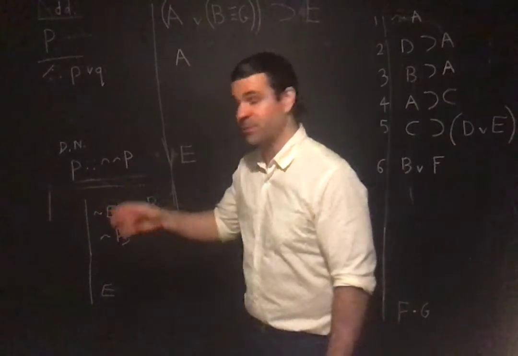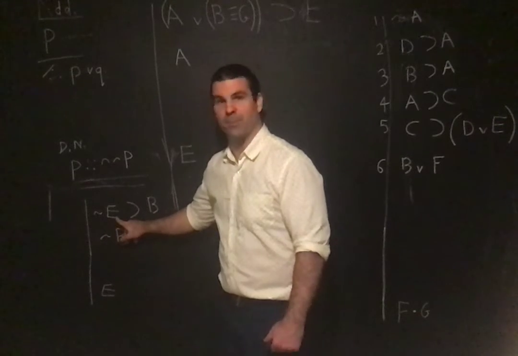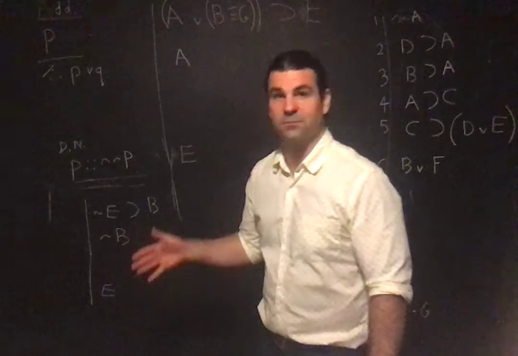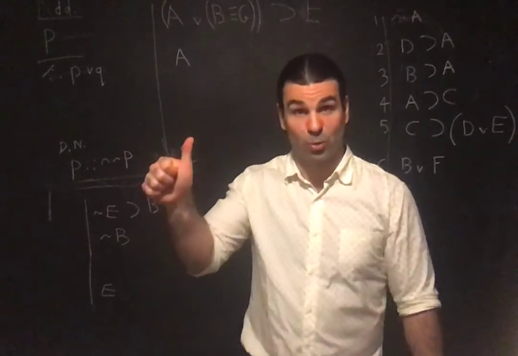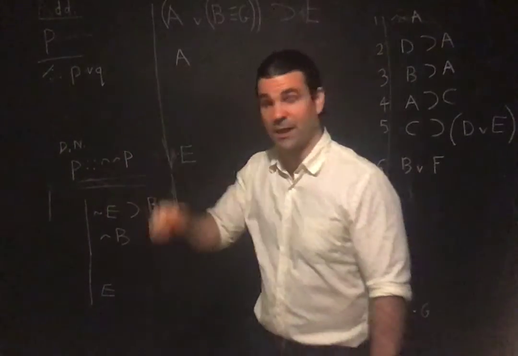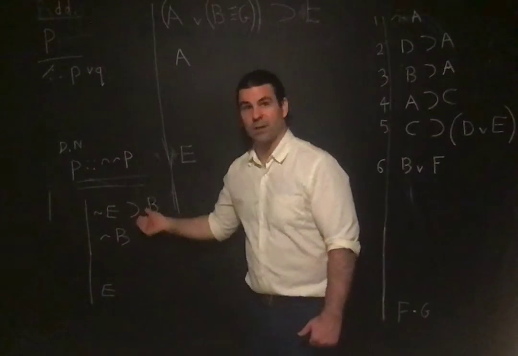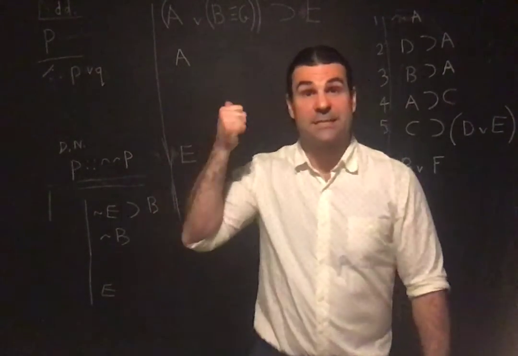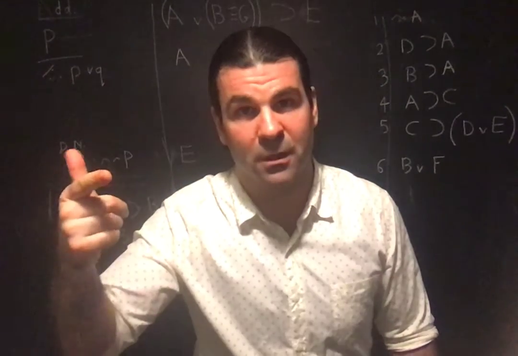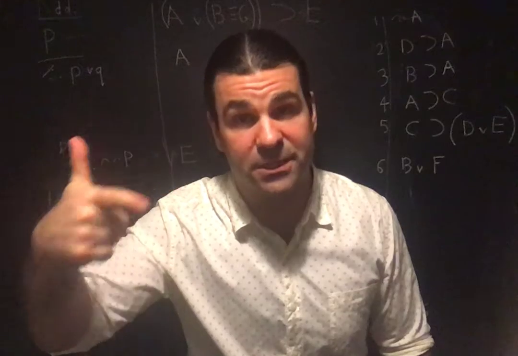Modus tollens allows me to bust off, separate out, the antecedents of conditionals. So that's the first of the two questions: what rule do I need to apply to get to this? It's going to be modus tollens. Second question, what formula do I need to apply the rule? How do I satisfy the condition of the rule?